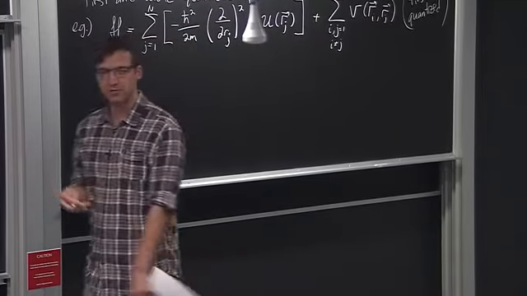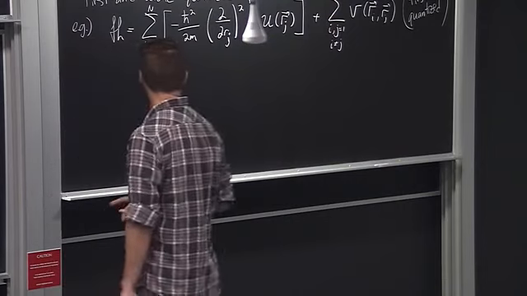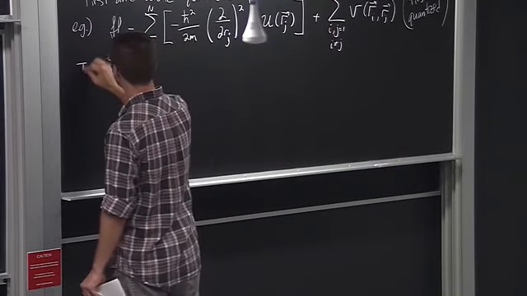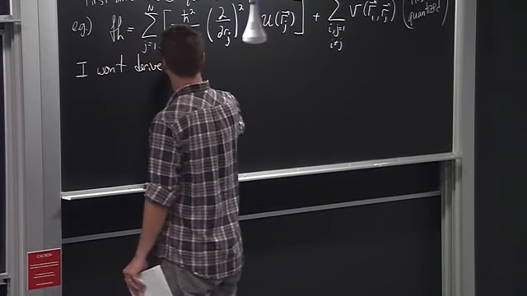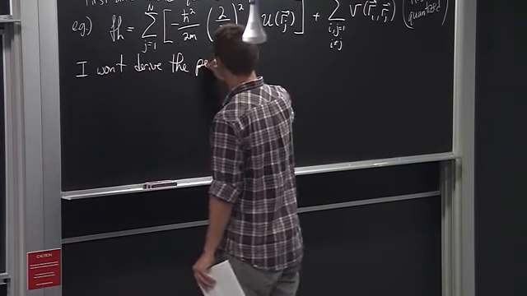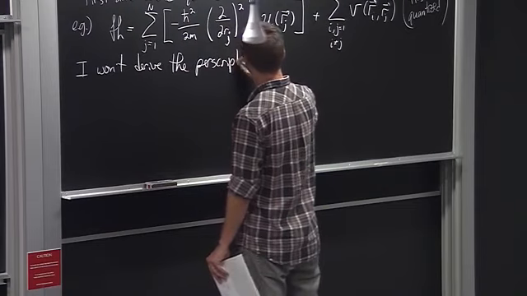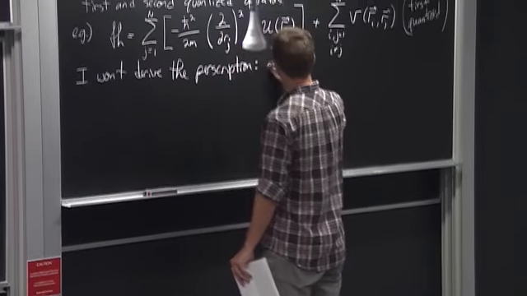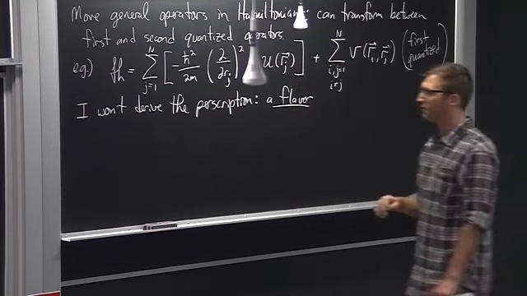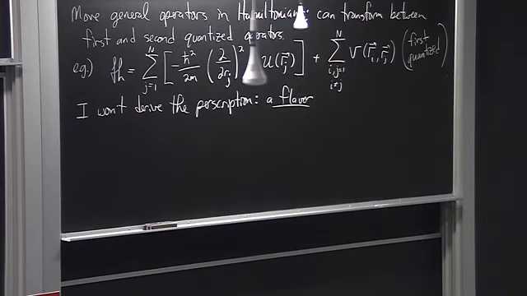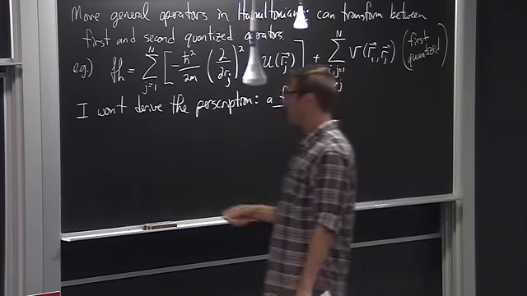I'll just give you the prescription for how this is done. I'm not going to derive it. Let me just give you a flavor for how these things are looked at.